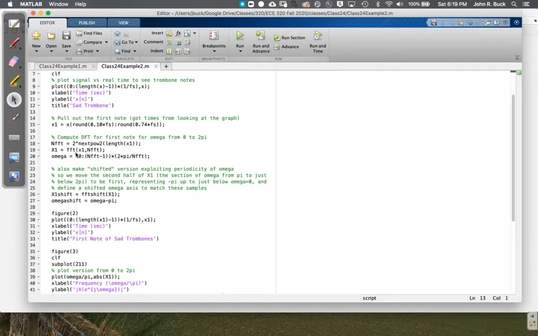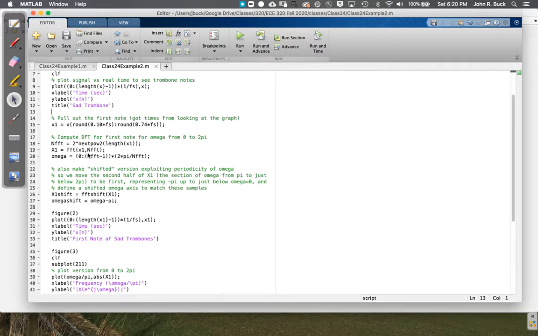It works especially well when the number of frequency samples is a power of 2. Because we do this so often with DFTs and FFTs, Matlab gives us commands that find the next power of 2 bigger than the length of X1.